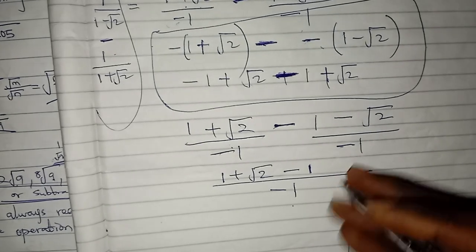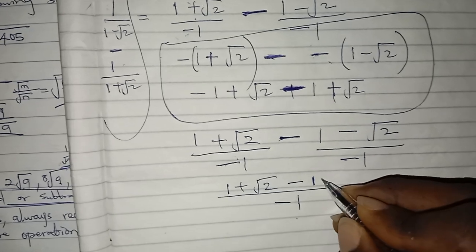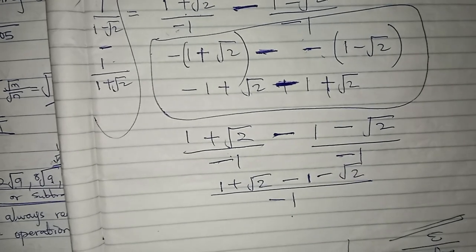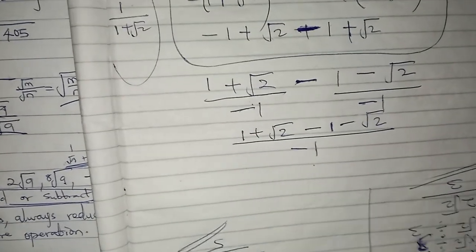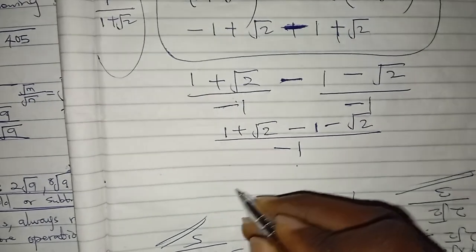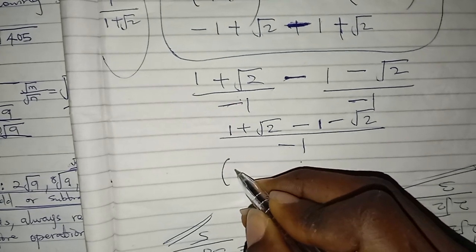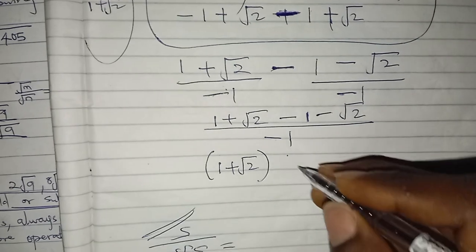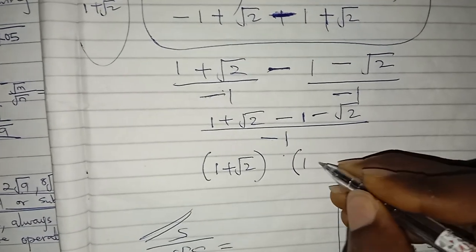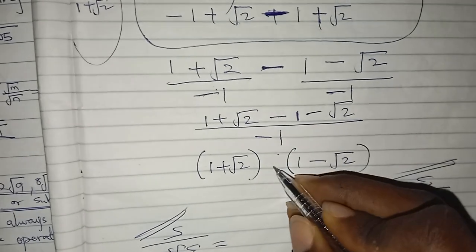If this comes here, it will cancel, bring this down. So this is going to simply be minus root 2. And notice that if that is the case, I now have, if I divide this by minus 1, 1 plus root 2 one side, then 1 minus root 2 one side, and there's minus here.